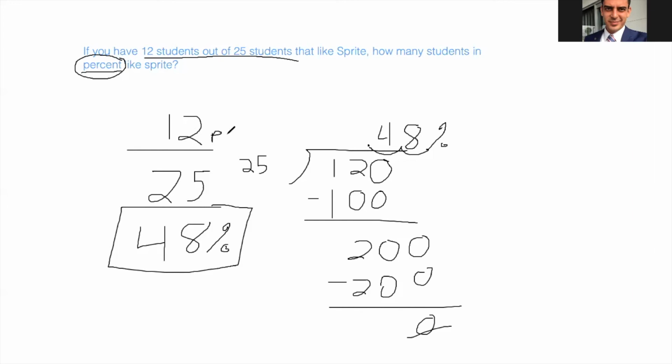Because remember, this is part, and this is the whole. So 25 students in total down here, and then 12 students like Sprite. So 12 out of 25. So 48%.